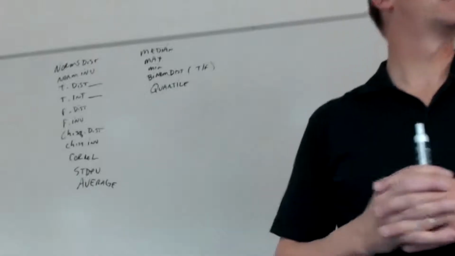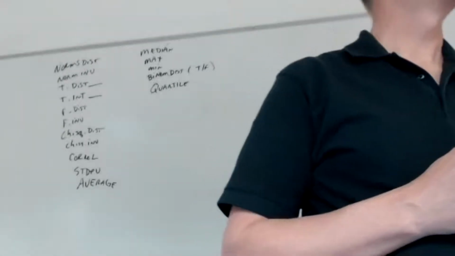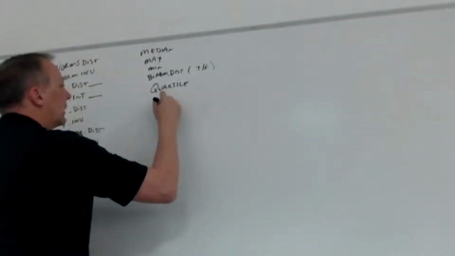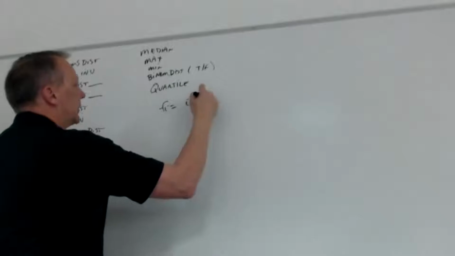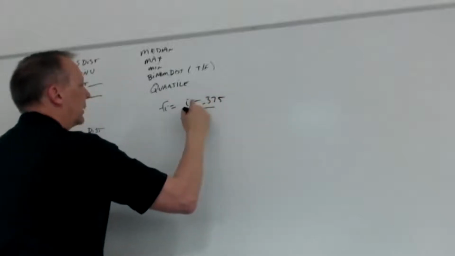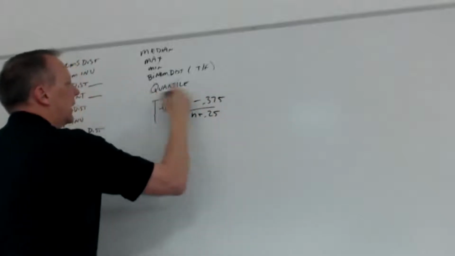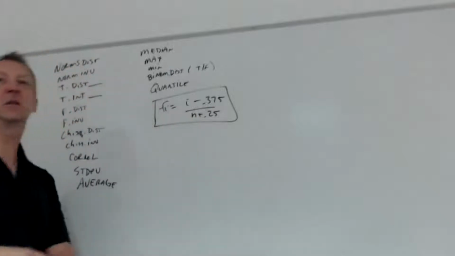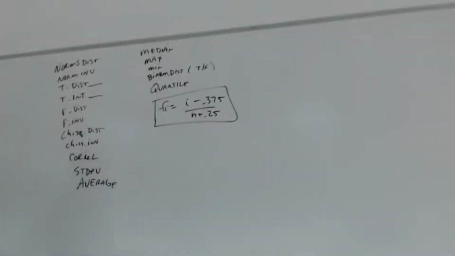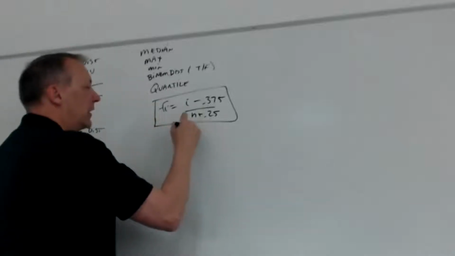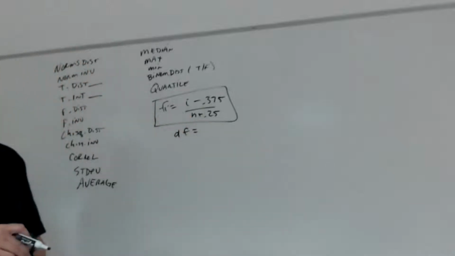What else? Is the F sub i equation the only one we're supposed to remember? Oh yeah, the F sub i equation. You need to remember that one: i minus 0.375 over n plus 0.25. And your degrees of freedom, we've got 3 degrees of freedom formulas, depending on what it is.